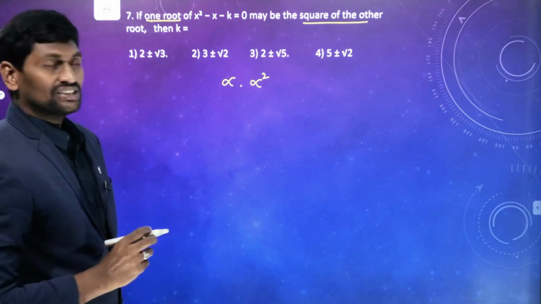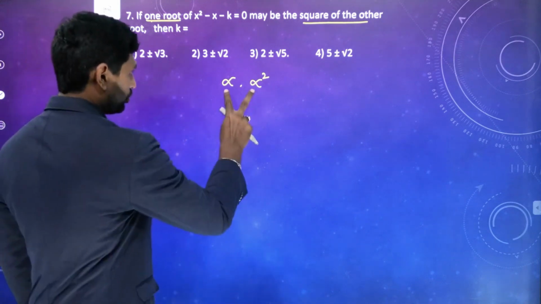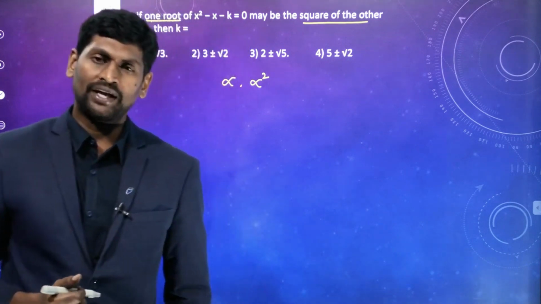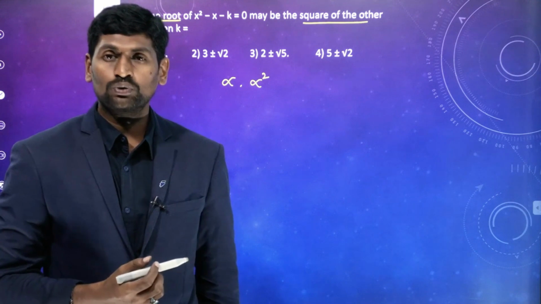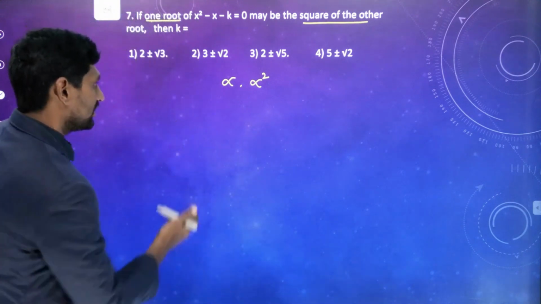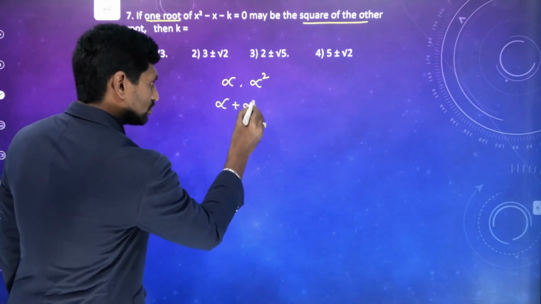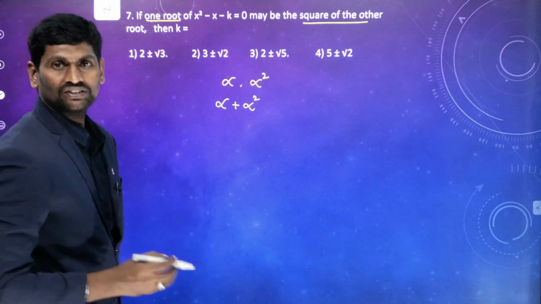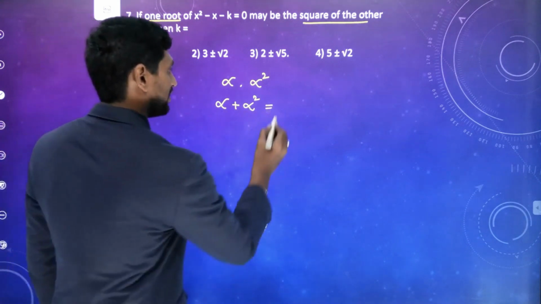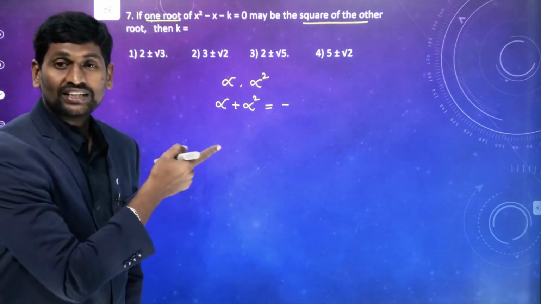In the same way, we are using sum of roots and product of roots now. If you know the two roots, we know the condition: sum of roots is minus b by a and product of roots is c by a. Now sum of roots, add all of them, first one plus second one. Sum of roots equals minus b by a. What is the b value? B is the x coefficient.